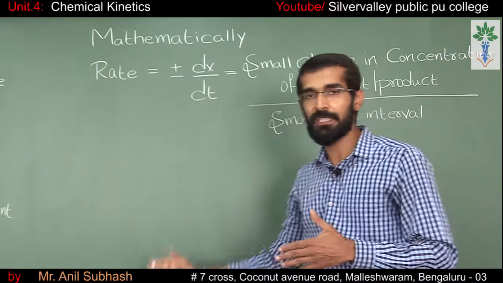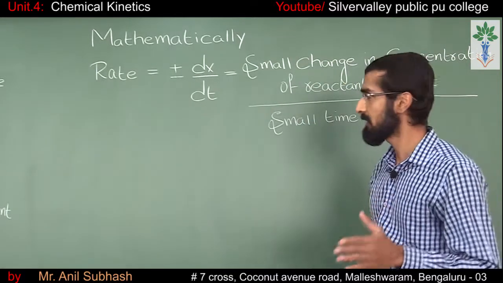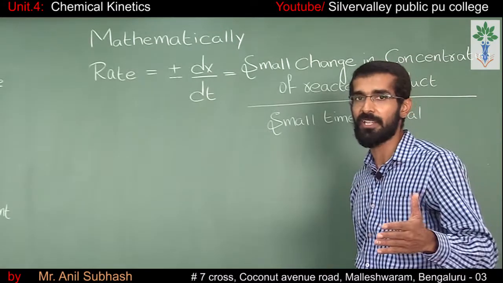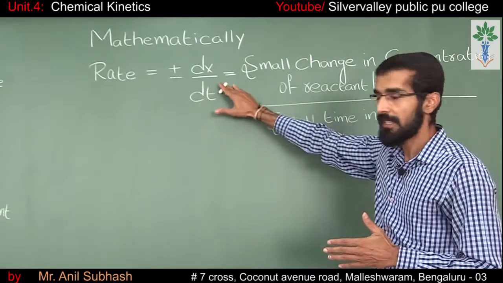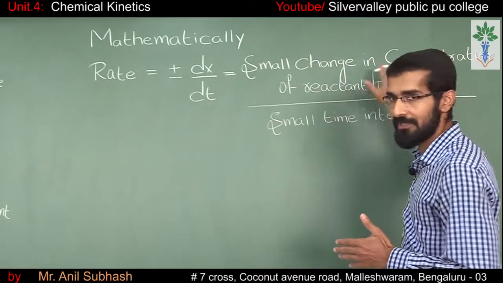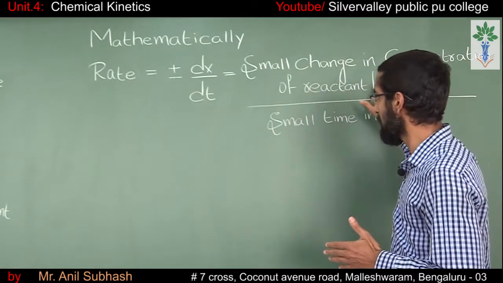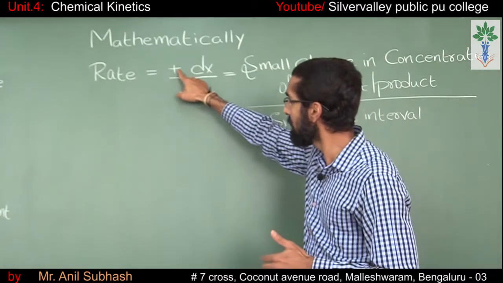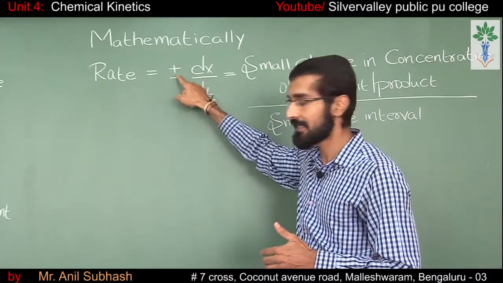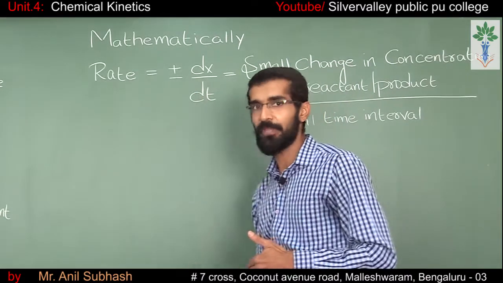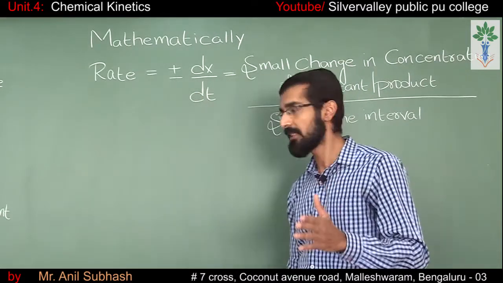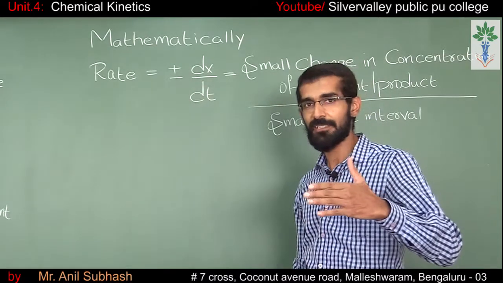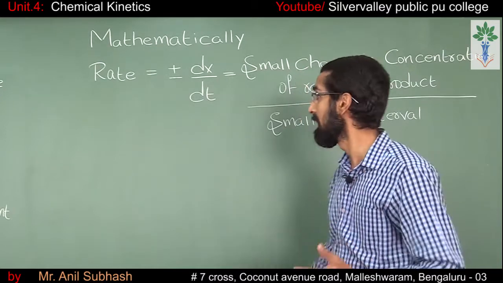As I mentioned earlier, whenever any chemical reaction takes place, the concentration of the reactants and products keep on changing. So, rate is defined as the small change in the concentration of reactants or products in a small time interval. And here you have a plus sign and a minus sign. What does that signify? Whenever a chemical reaction takes place, the concentration of the reactant goes on decreasing and the concentration of the product goes on increasing.